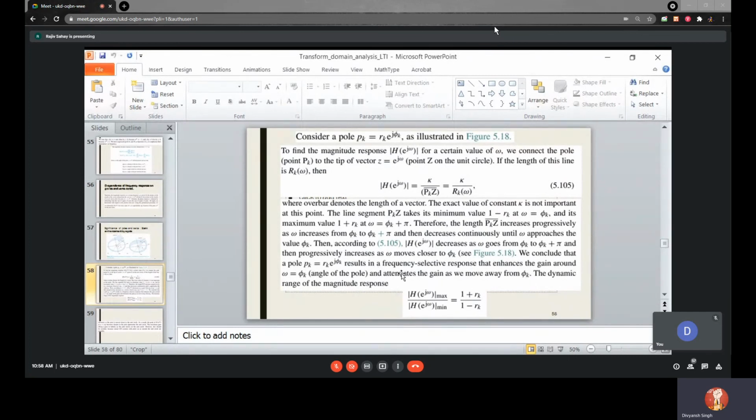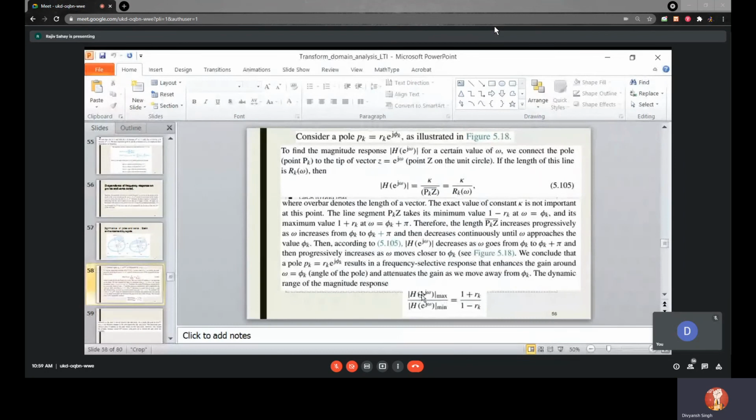So the conclusion is that when you introduce a pole rk e to the power j phi k, it will cause enhancement in the magnitude response at omega equal to phi k and attenuate the magnitude response as we move away from phi k. So the dynamic range of the magnitude response is 1 plus rk by 1 minus rk.